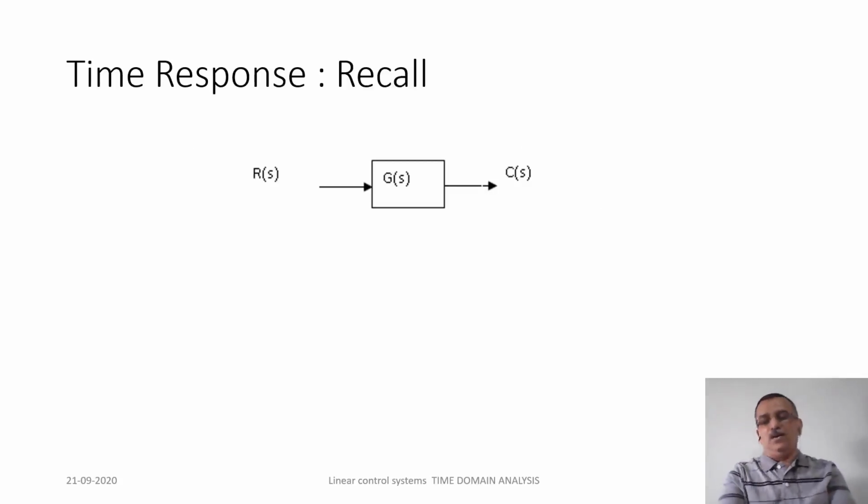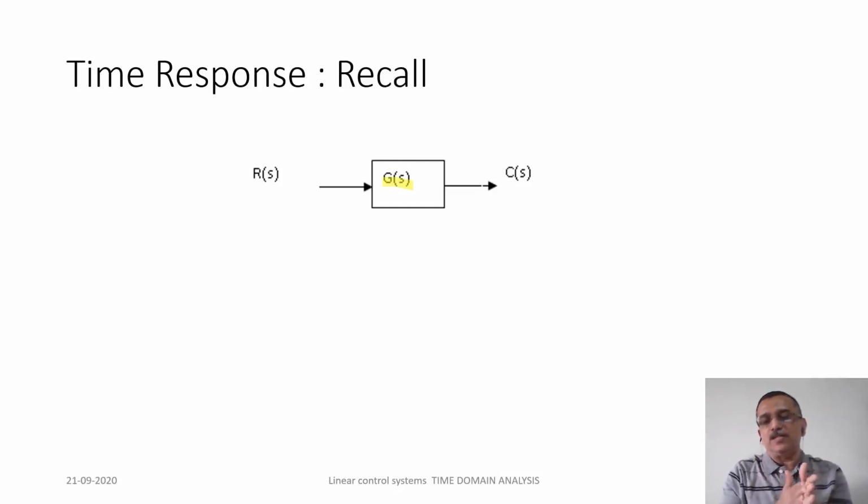So let us recall what we have learned in the last class. Let us consider any system with the transfer function G(s). If the input is r(t), what we want is the output c(t).